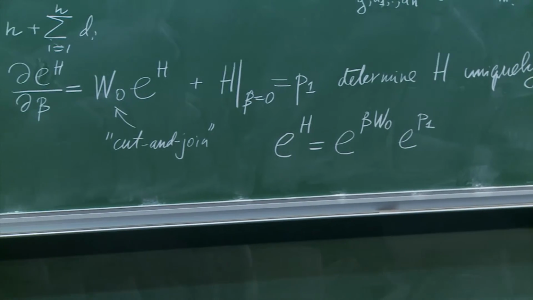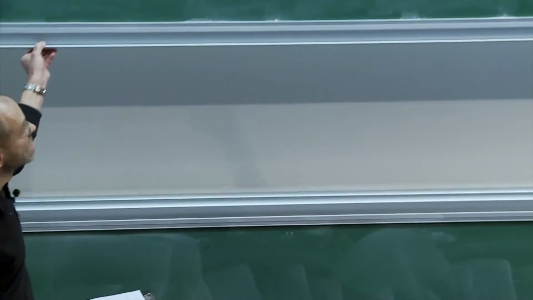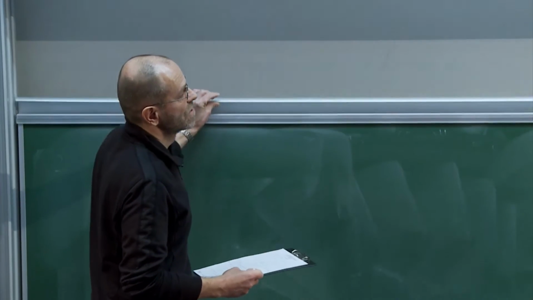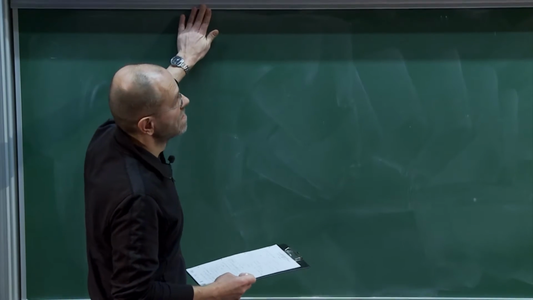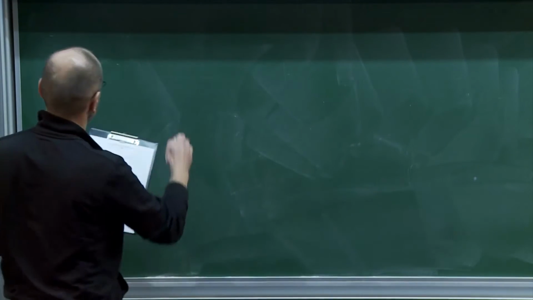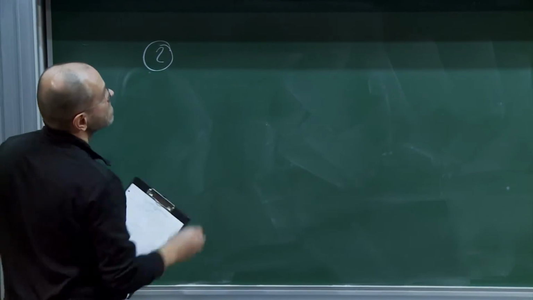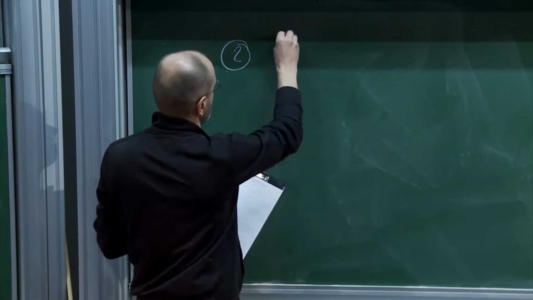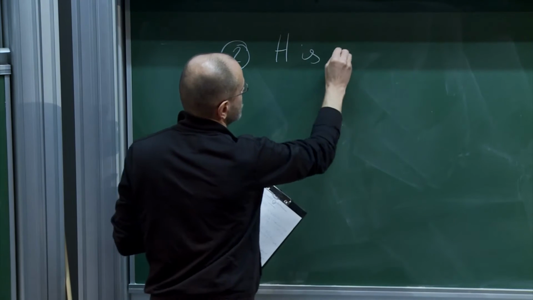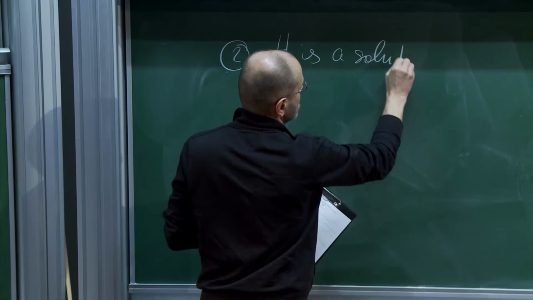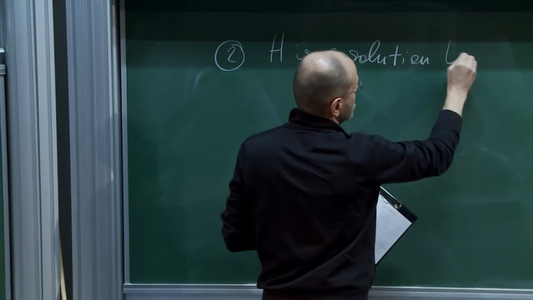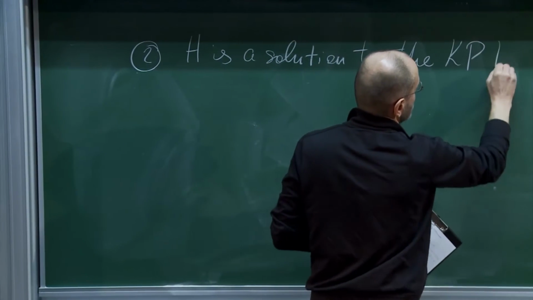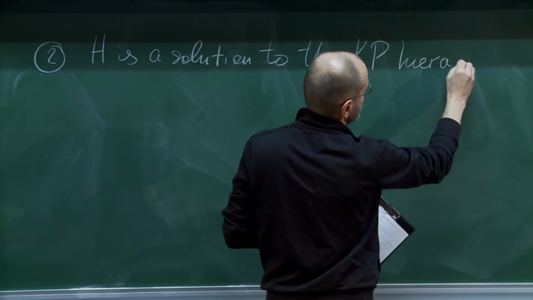From here, it immediately follows that this function h is a solution to the KP hierarchy. That's the second property.